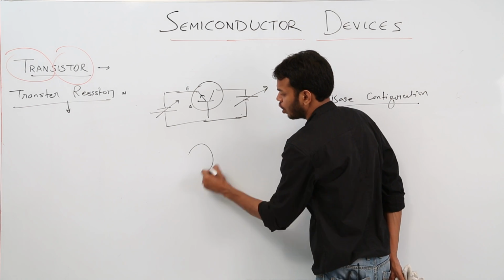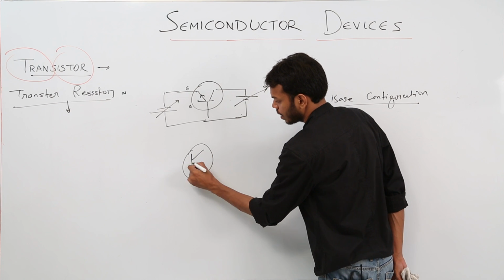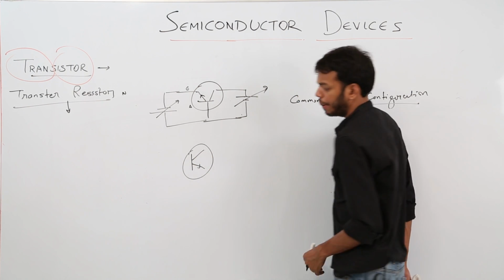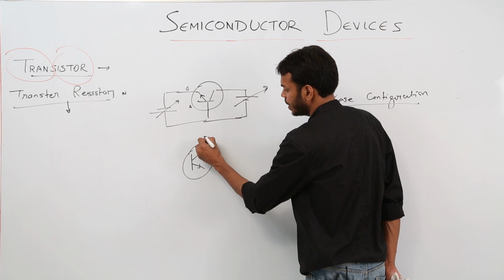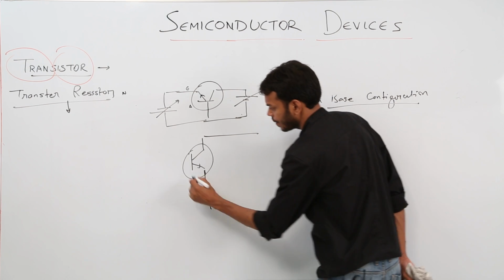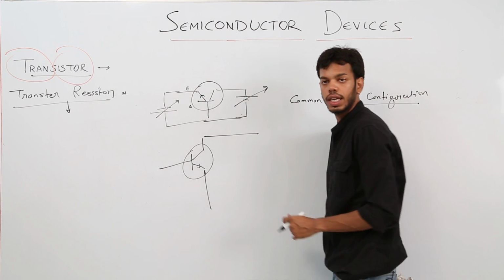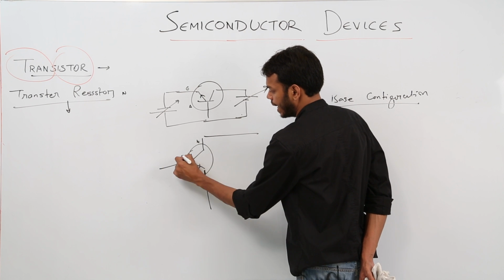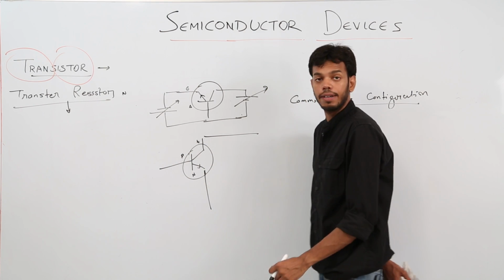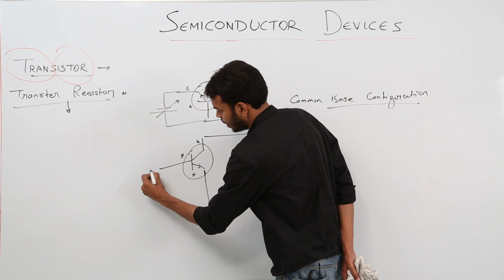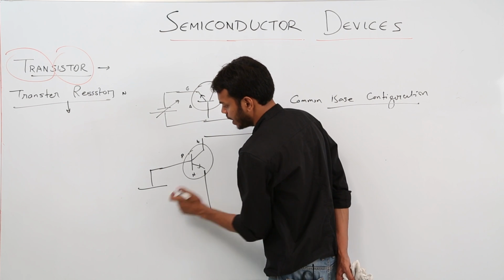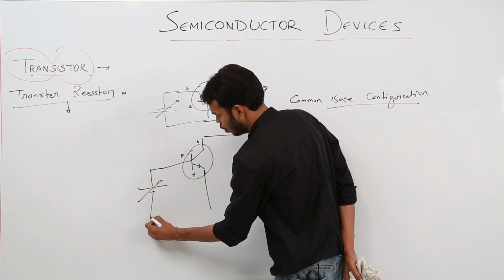For common emitter configuration, make your emitter here. So these will be the connections. Now we are talking about what? Again we are talking about NPN configuration, right? So positive will be connected to positive, negative will be connected to negative, with variable voltage.